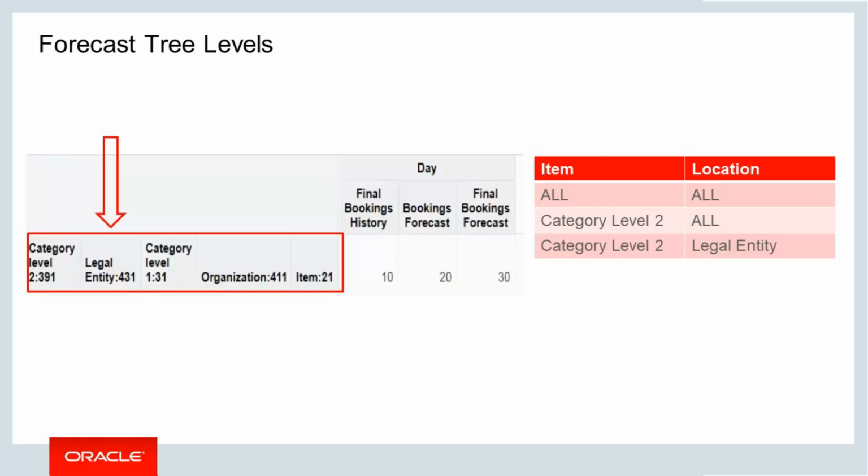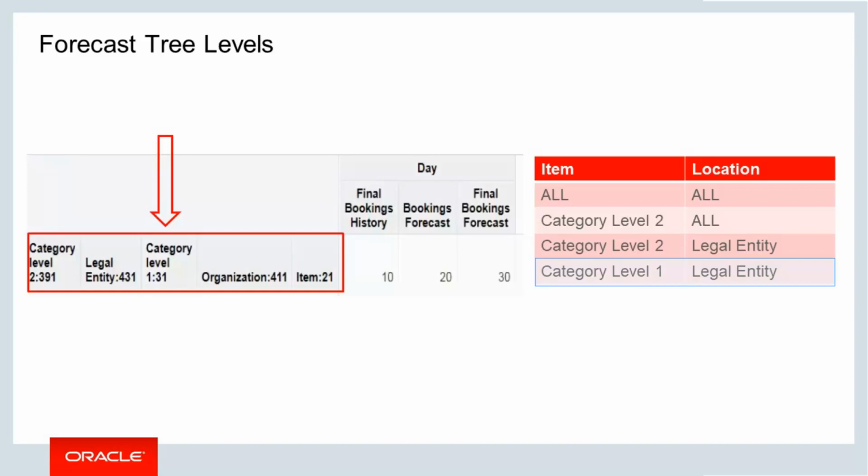Our next forecastable level is category level 2 legal entity. The process will keep this operation all the way to the innermost level on the y-axis. Category level 1 is an item level. Our next forecast tree level is category level 1 legal entity.